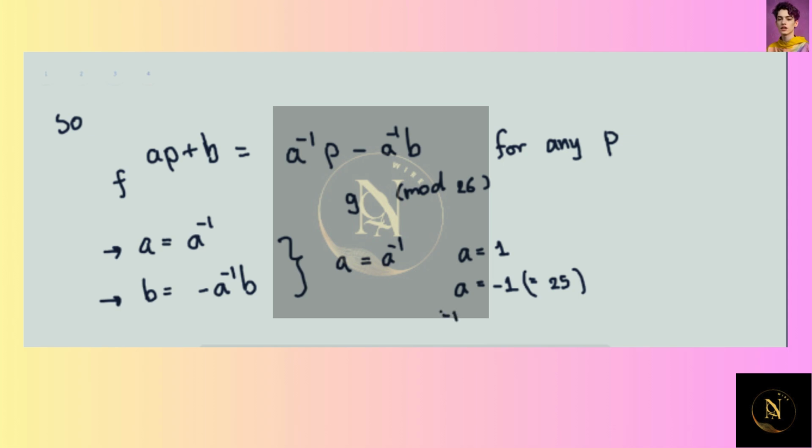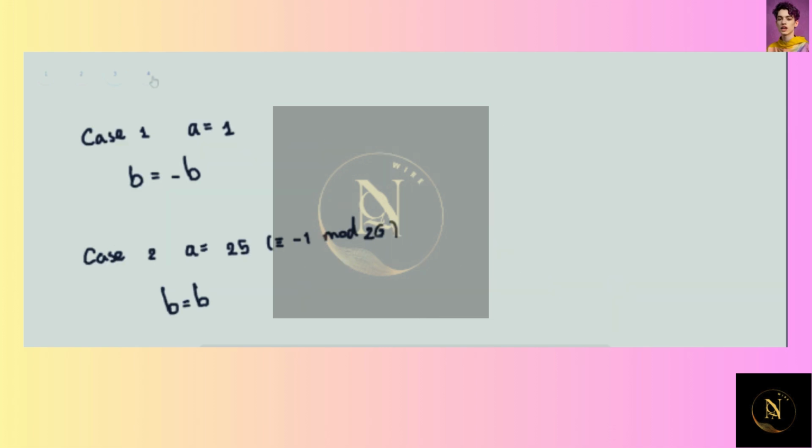Why? Because minus 1 squared is 1 as well. So we know that there are only these two cases, and we look at them one by one.